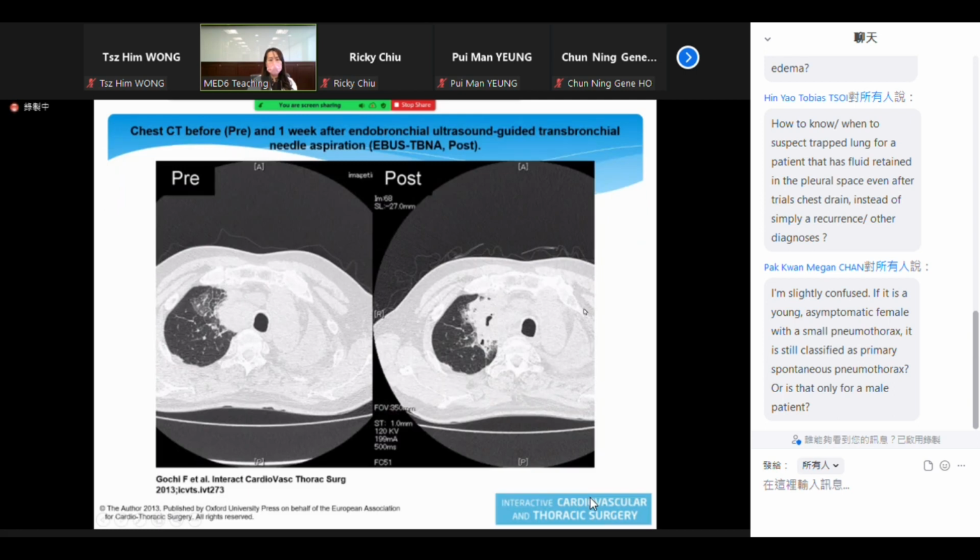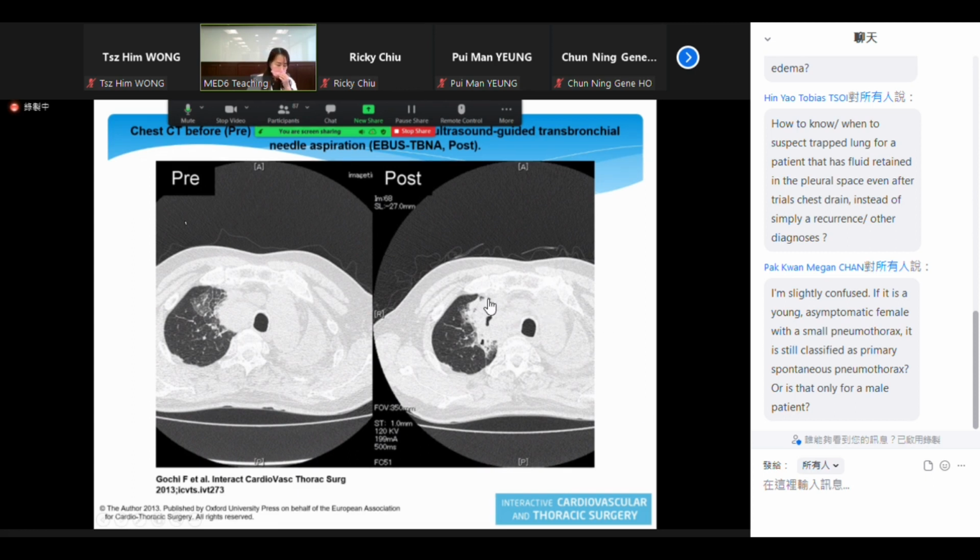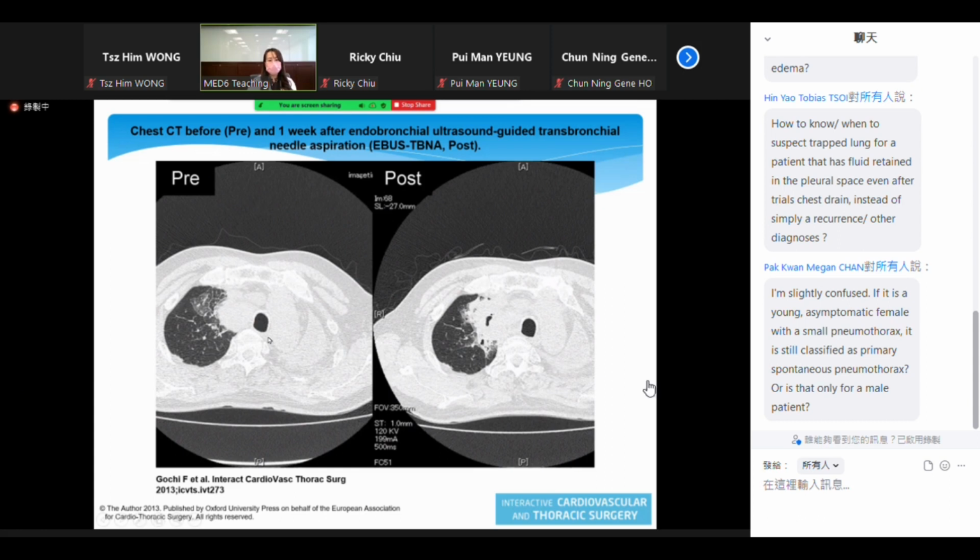So there's some rare complication of EBUS. On top of the complications of bronchoscopy, as we have touched the mediastinum area, there's a risk of mediastinitis. So this is one of the cases reported in the international journal. So this is the lymph node before the EBUS.